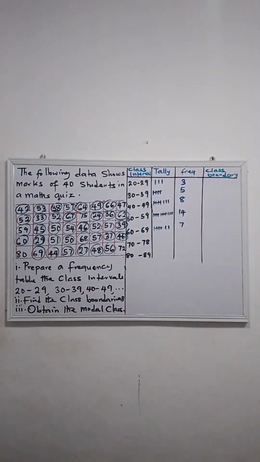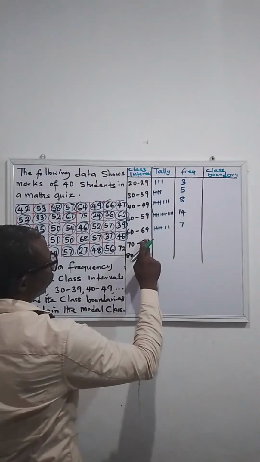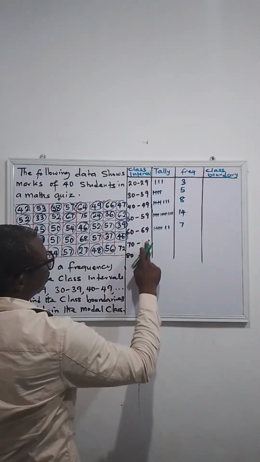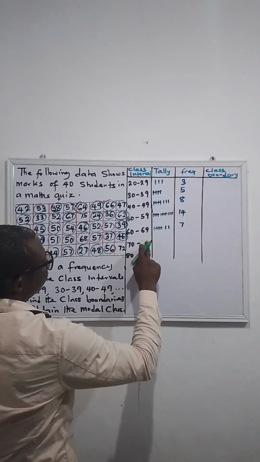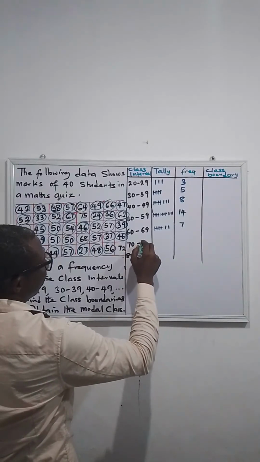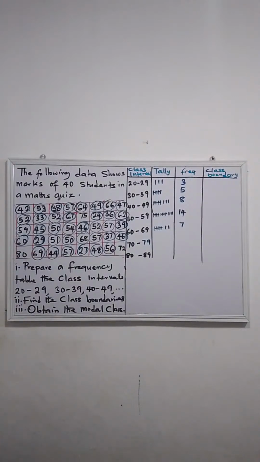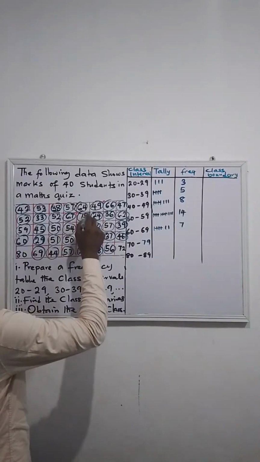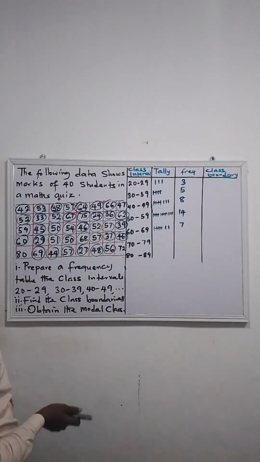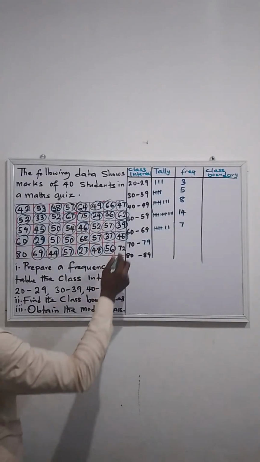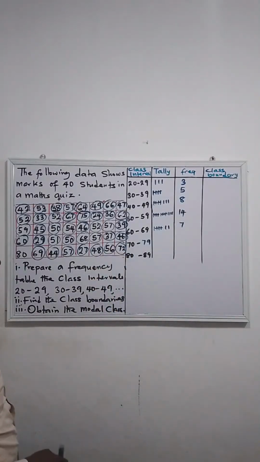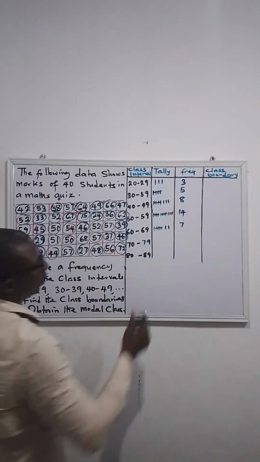So the next one is, sorry, that's 70 to 79. Let's look at it. 70 to 79. We have 1, 2. I think that's all. So we have 2.